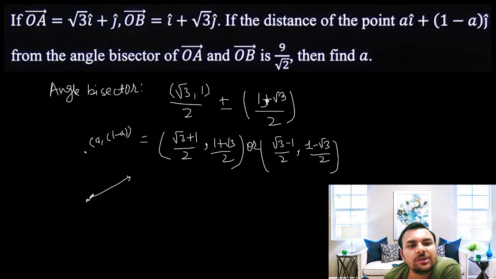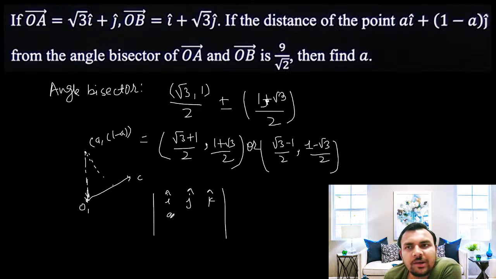So there is O. This is OC. So we can say this is a vector. We'll do this vector cross this vector. Then we'll get a perpendicular vector, isn't it? So we'll do i cap, j cap, k cap. We have a, 1 minus a, 0, and here we have something like this.